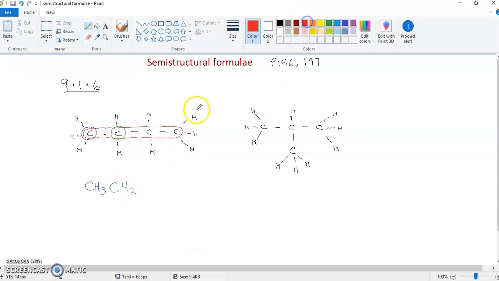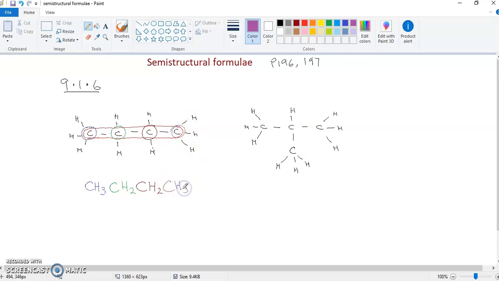We'll have a look at the next one. Use brown. This carbon has 2 hydrogens attached to it. And finally, this carbon here, the purple one, has 3 hydrogens attached to it.